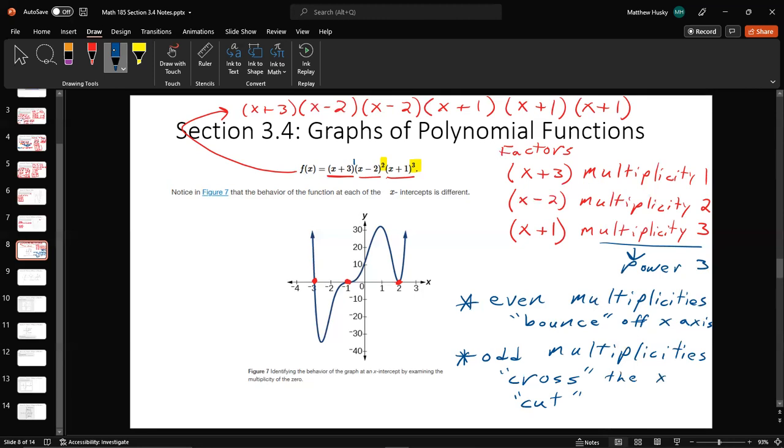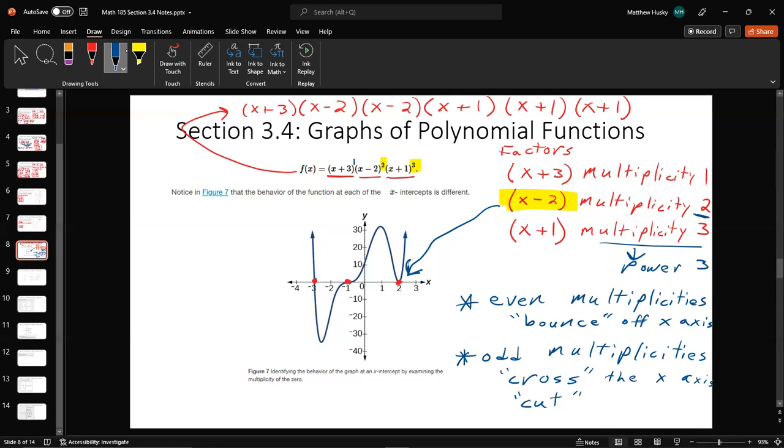Basically what that means is, the one with the even multiplicity is this guy, which corresponds to that one right there. That's giving you the 0 at +2. And notice that has the even multiplicity, which means that the graph goes down, bounces off the x-axis and goes back where it came from.